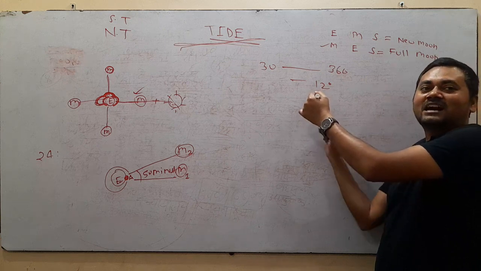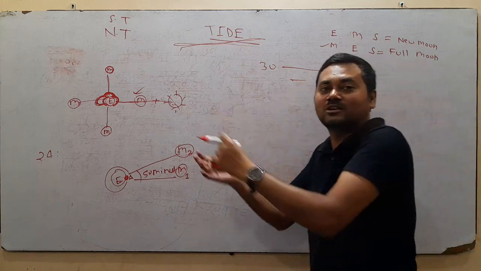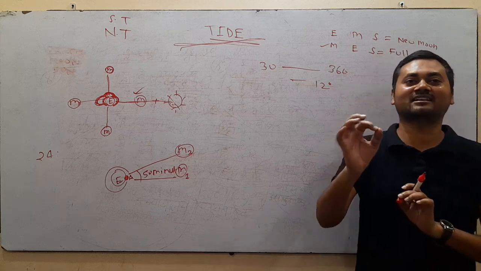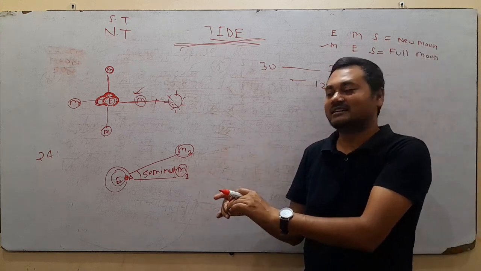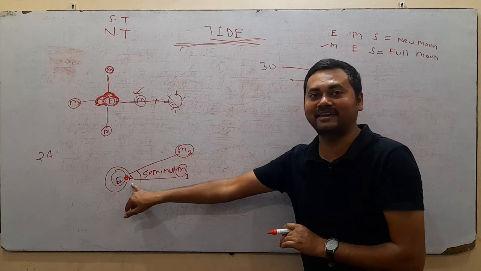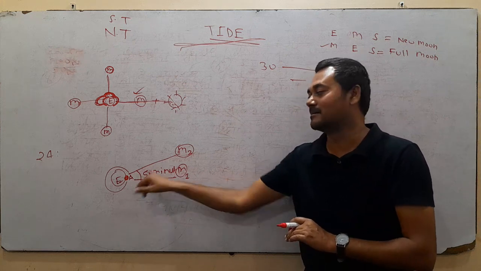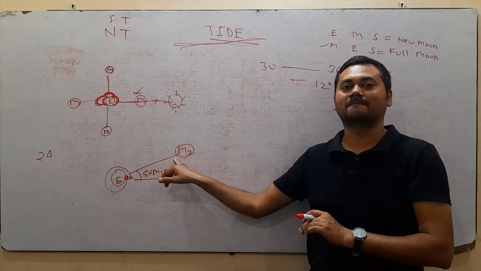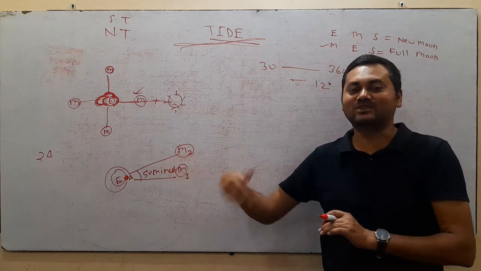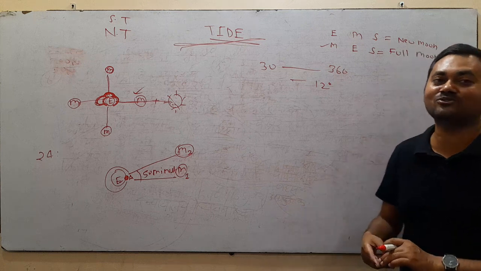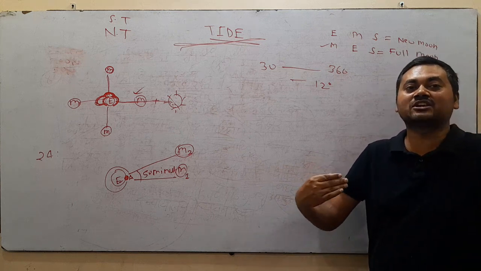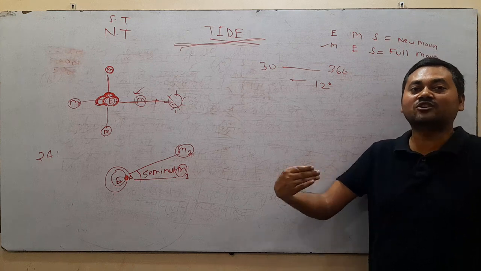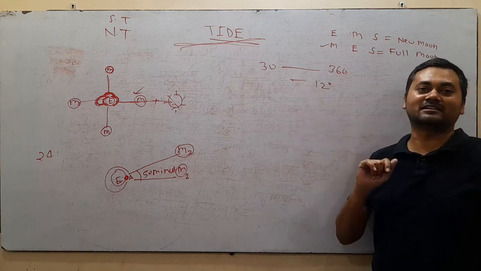It means the earth has to cover an extra 12 degrees, then only this position A will come exactly below the M2. So now your challenge is how to calculate how much time is required by the earth to cover this 12 degrees.